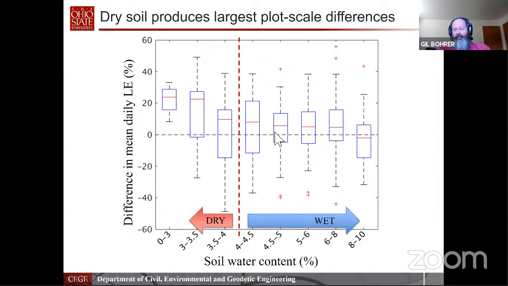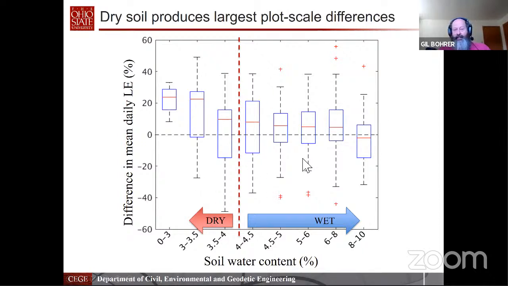So we assume it has to be some hydraulic issue, and we compare the total ET from the sites. We bin them by soil moisture content, and we see that as soon as soil moisture content drops below 4%, which we identify as the onset of stress, we start seeing differences between the control site and the disturbed site.